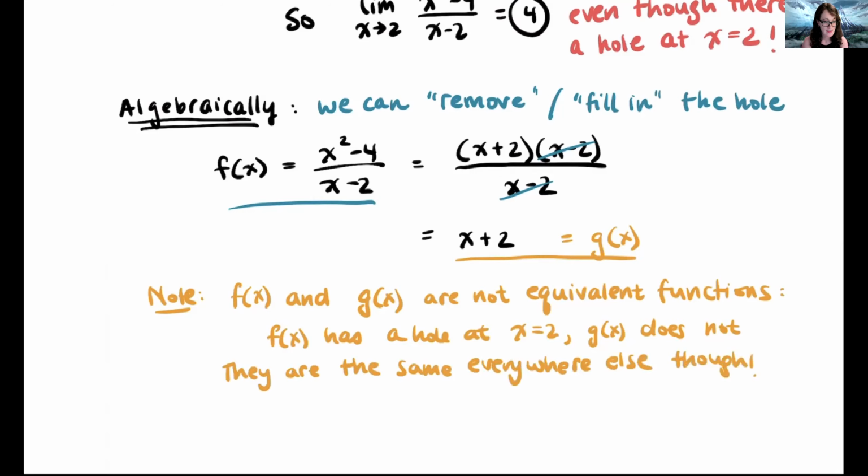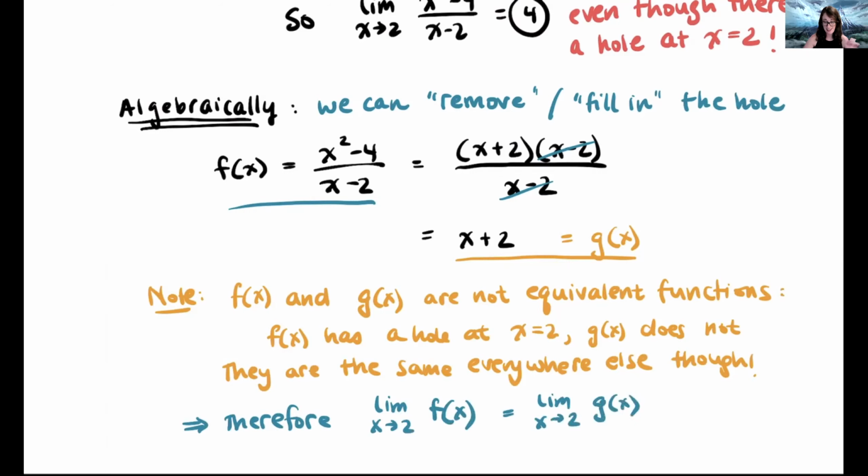So the reason why this is important, or what I'm trying to get at here, is that this implies that their limits as x approaches 2 will be the same. Therefore, because the limit as x approaches 2 considers only x values that are approaching 2, we can say that the limit as x approaches 2 of f of x is equal to the limit as x approaches 2 of g of x, because x never equals 2.